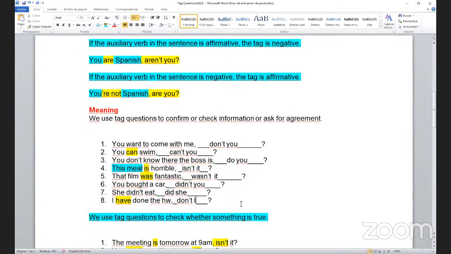But now, in this last one, we're going to see something. It could be present if I have the verb have as a main verb. But in this case, I am using done, so it can't be simple present. What tense is this? I have done the homework.